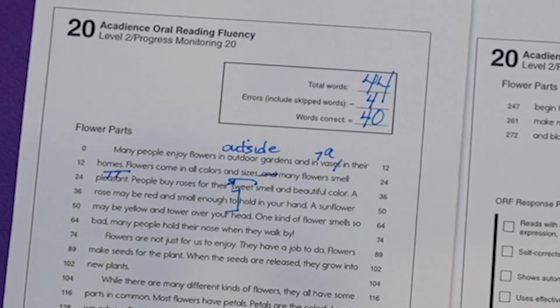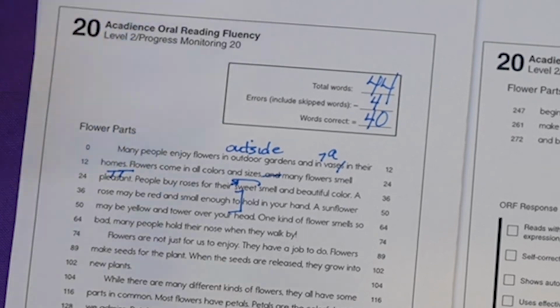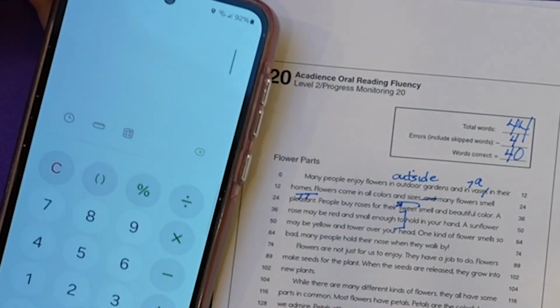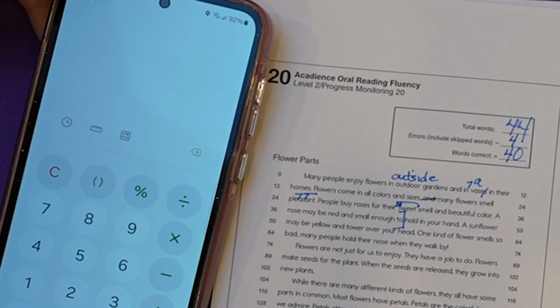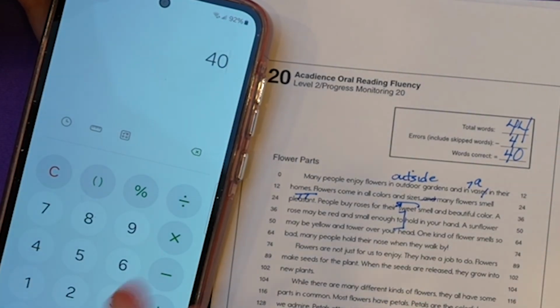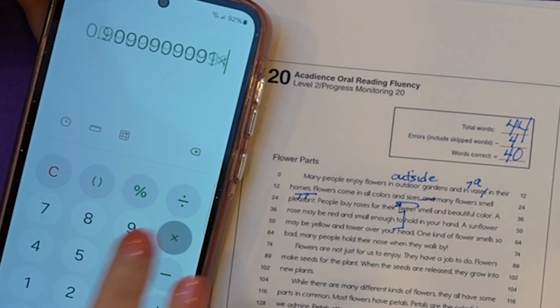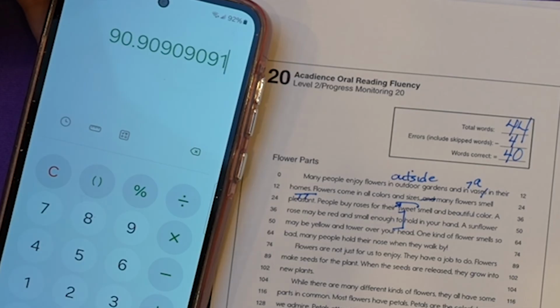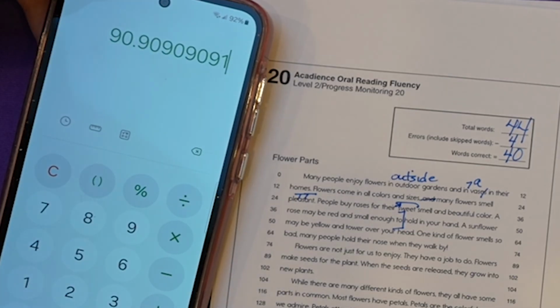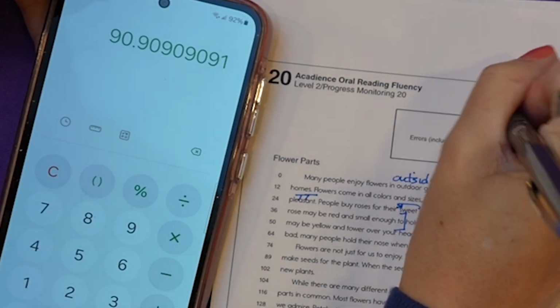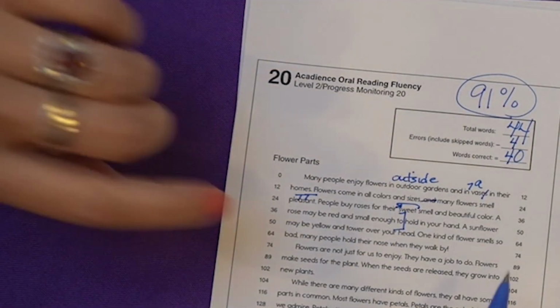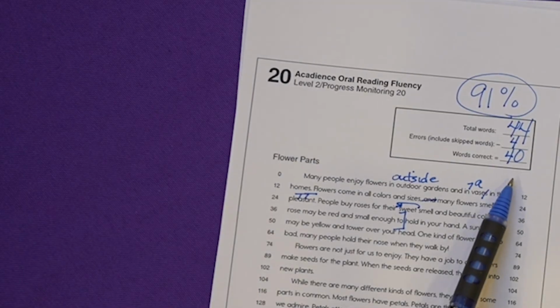Now you can figure out the percent accuracy yourself here. In order to figure out the accuracy, you put the number of words correct, divided by the total words, multiplied by 100, and you get a percentage, 90.9. So this is about 91% accuracy. And we read 40 correct words per minute.